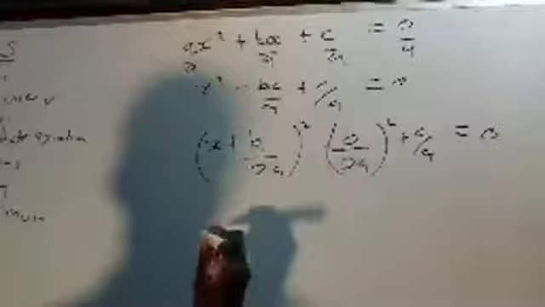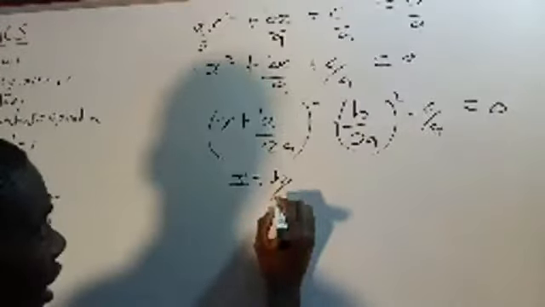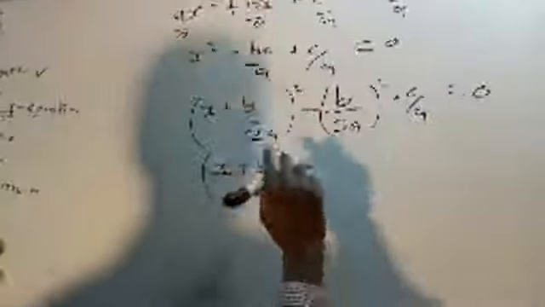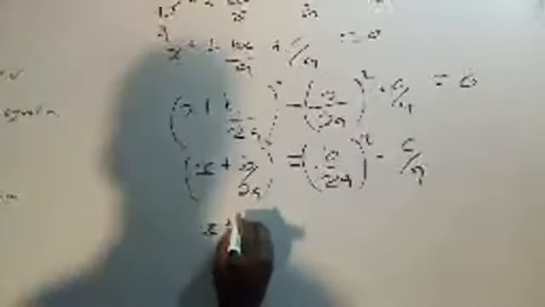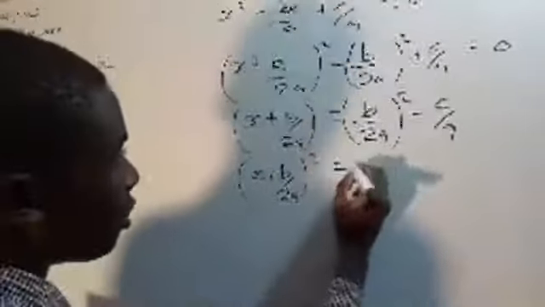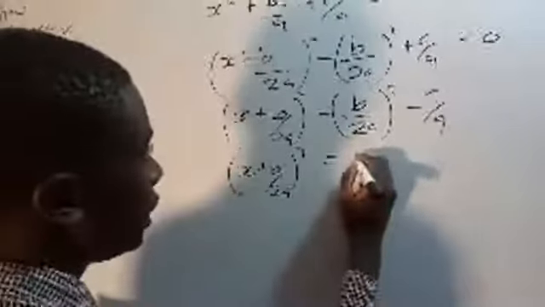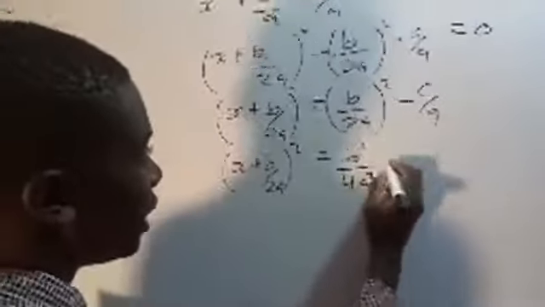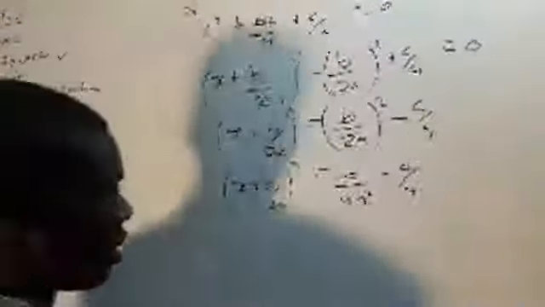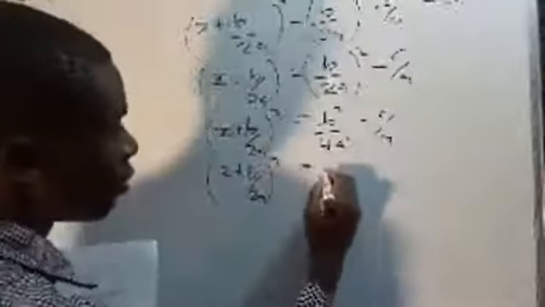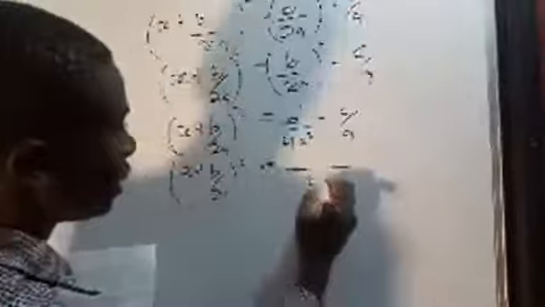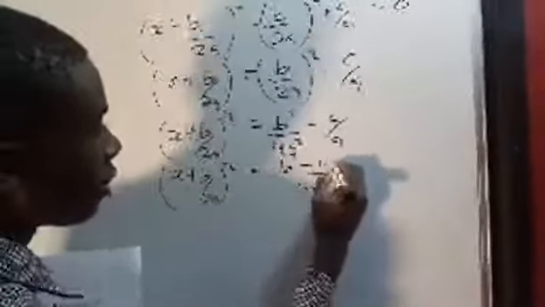So it will be x plus b over 2a squared, taking these terms to the other side, it will become b over 2a squared minus c over a, becoming b squared over 4a squared minus c over a, and then it becomes x plus b over 2a squared equaling to b squared minus 4ac over 4a squared.